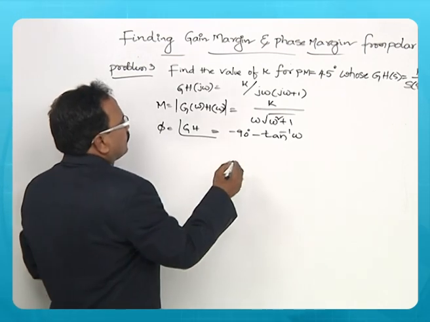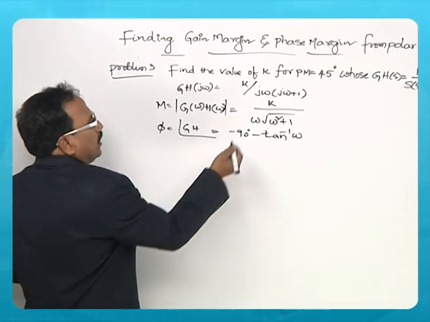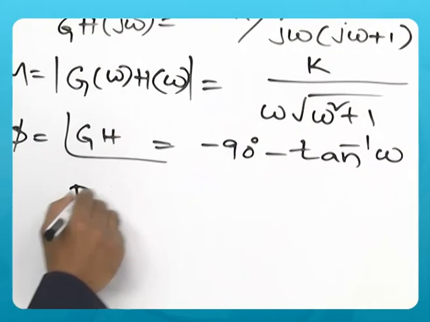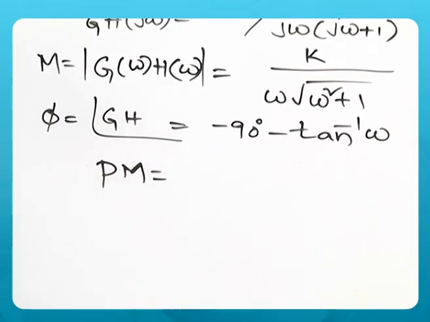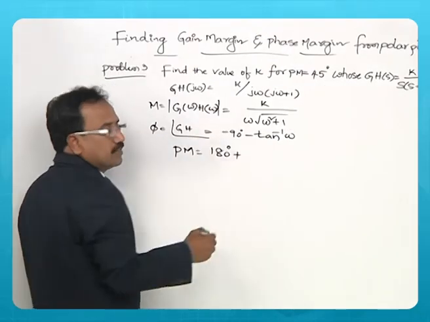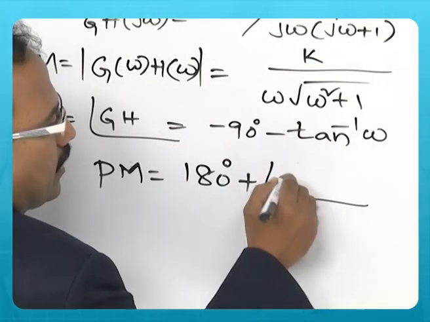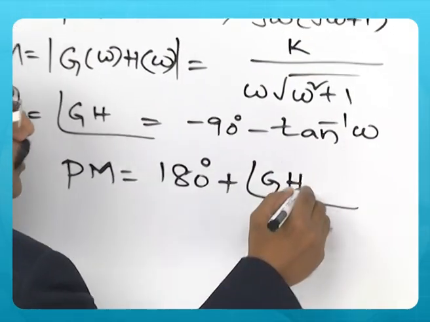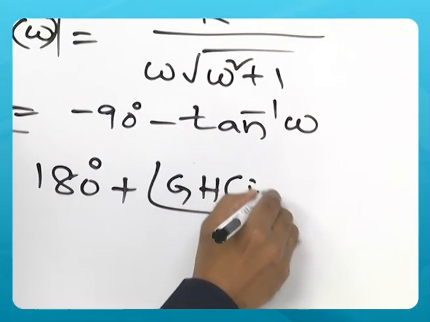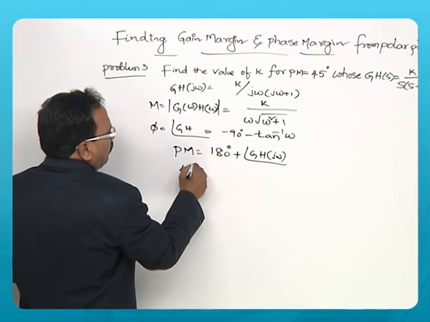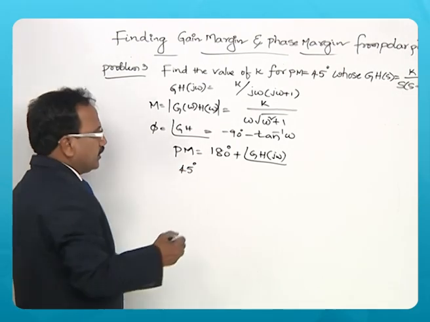Now, to have a phase margin of 45 degrees, the phase margin is given by PM equal to 180 plus the phase angle contribution of the given loop transfer function G(j omega) H(j omega). The phase margin given in the problem is 45 degrees.